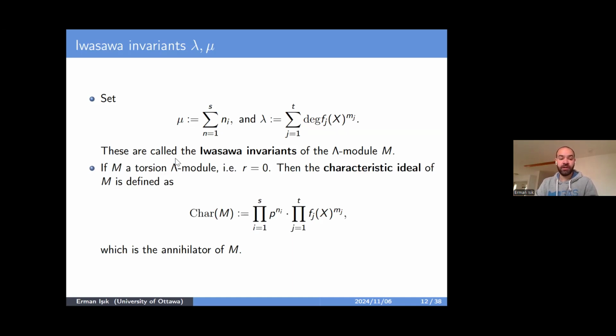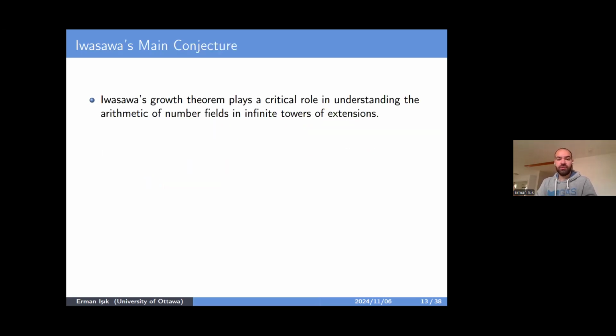If we restrict ourselves to the torsion Lambda modules, we can define the characteristic ideal as the annihilator of the Iwasawa modules. Basically, we count how many times this n is divisible by p, and also these polynomials.